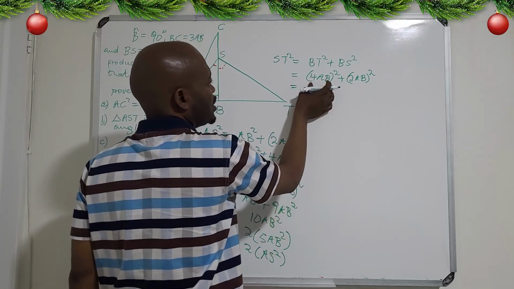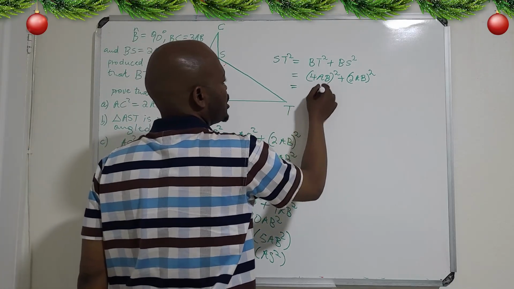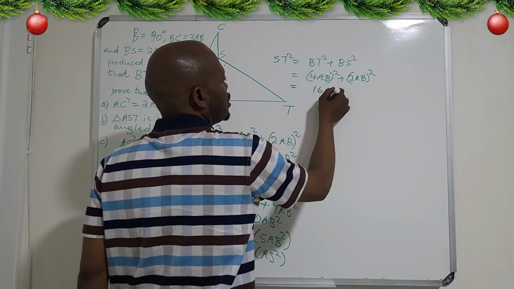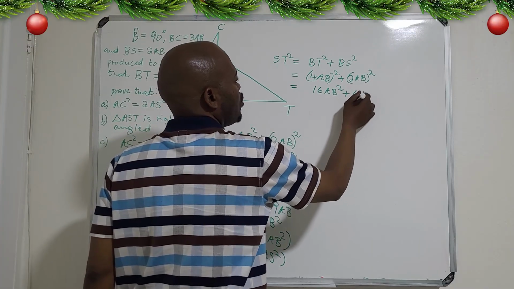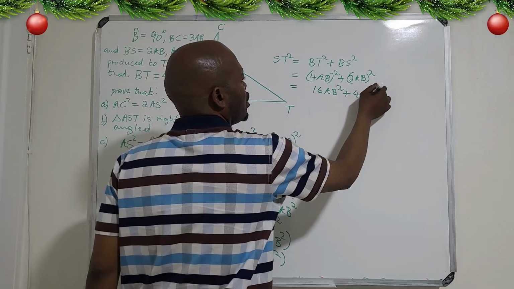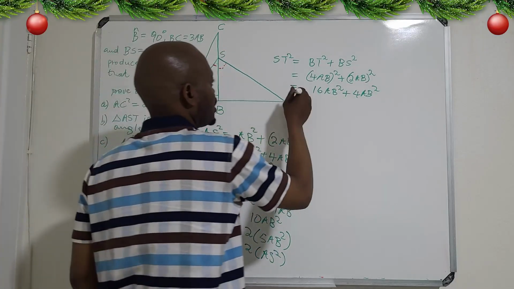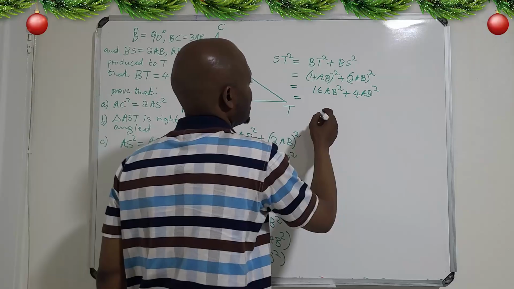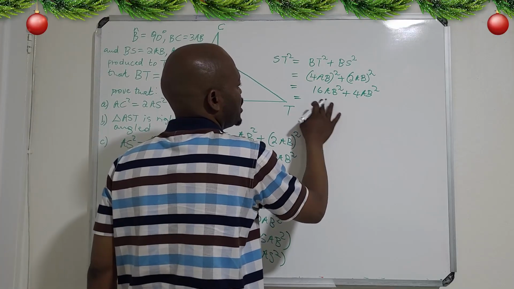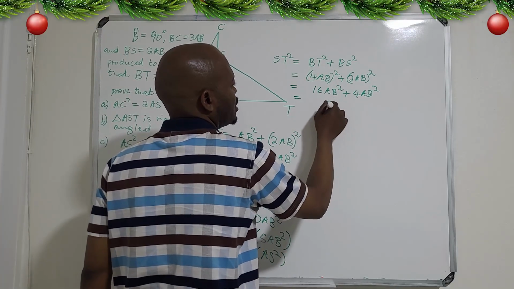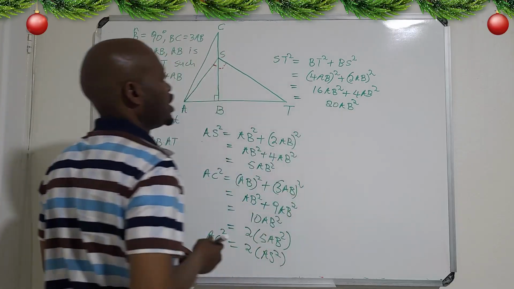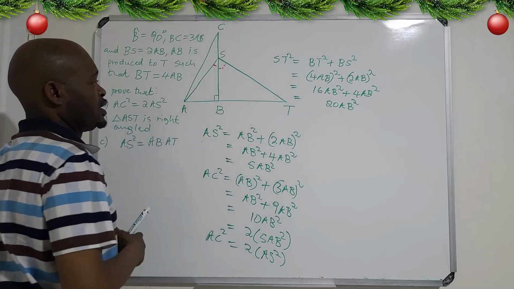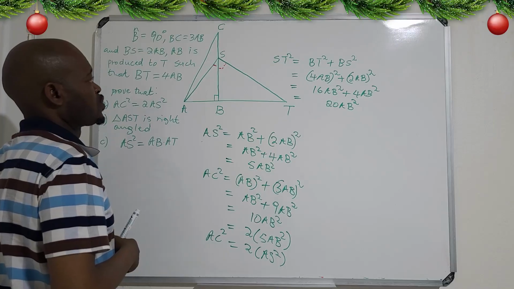Now, this becomes 16AB squared plus 4AB squared, which gives ST squared equal to 20AB squared. We know ST squared is 20AB squared.